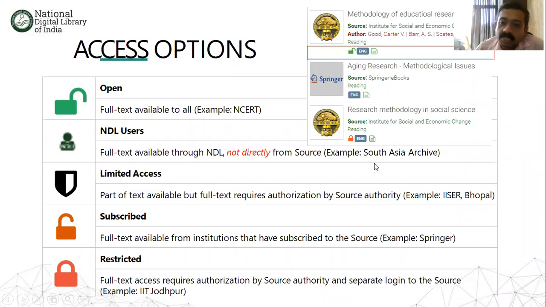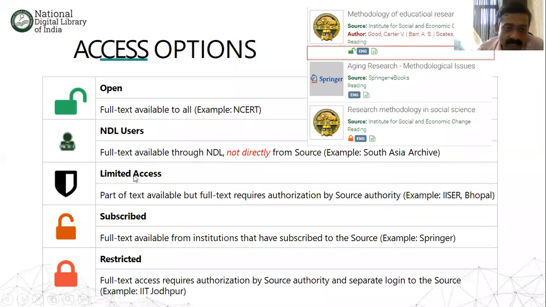But this South Asia Archive database is actually purchased by NDL, the National Digital Library of India. We can access these materials through NDL. So that's why, some resources are not available if you are not logged in. So always remember that you have to log in to NDL using your Gmail ID and password.